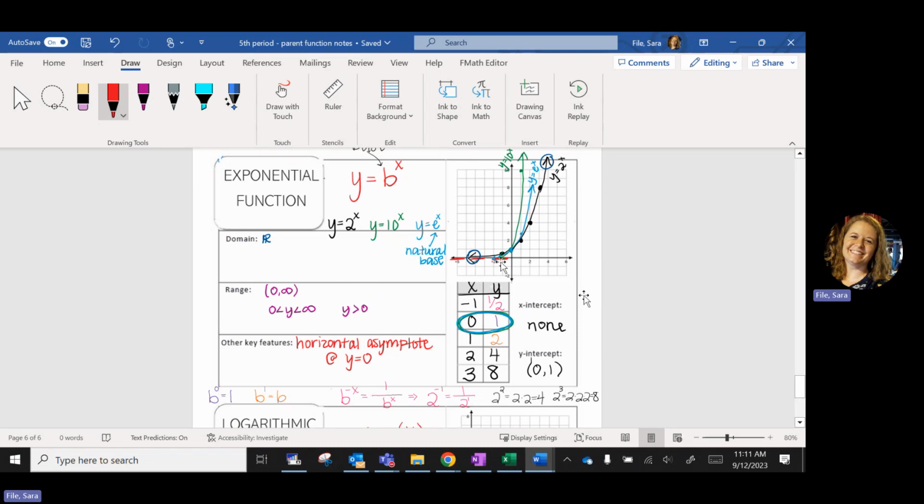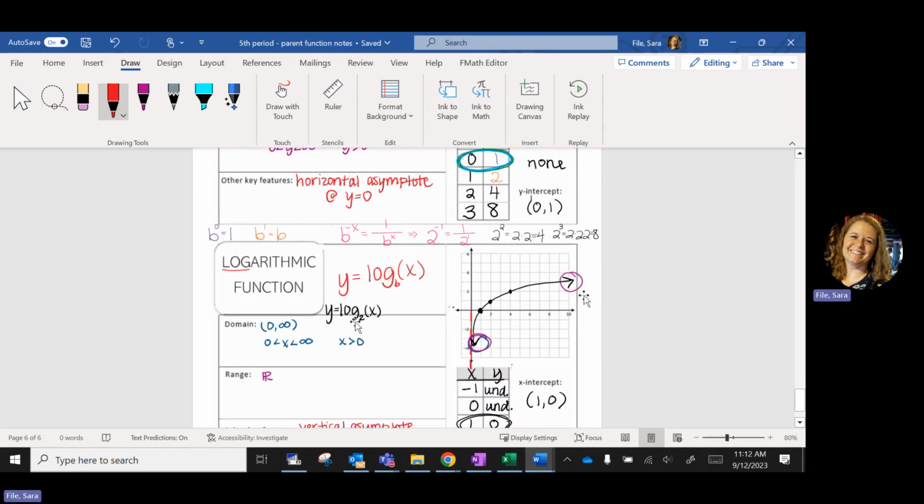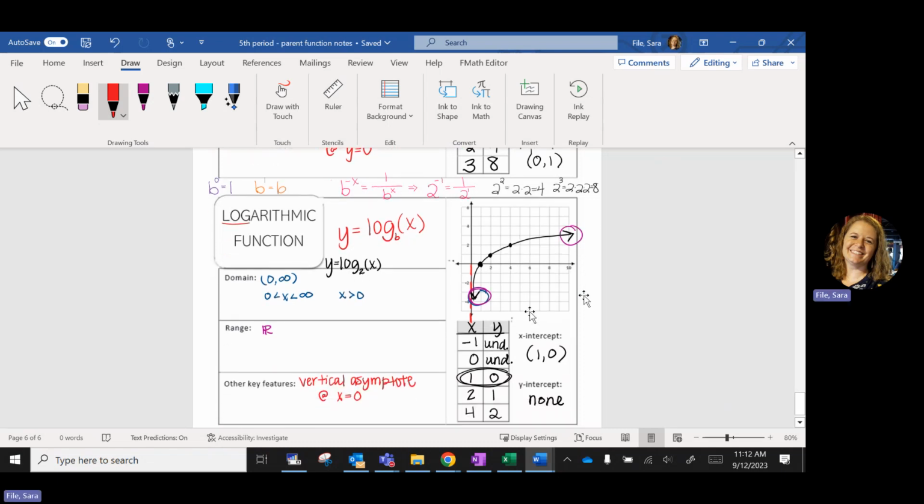Now, while we're on this page, I showed you b being different base values here in those 3 colors. I think we ran out of time when I wanted to show you that with log, and I only showed you the base being a 2. So I'm going to add on here the base 10 or the base e to show you what that looks like in the log function.